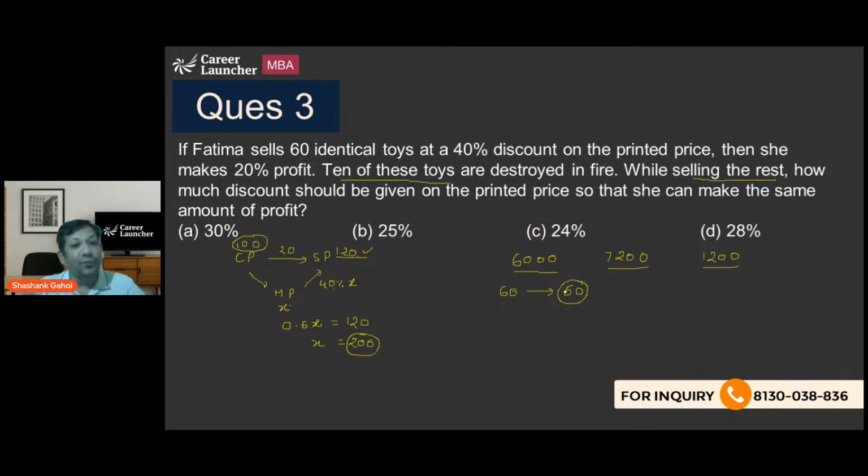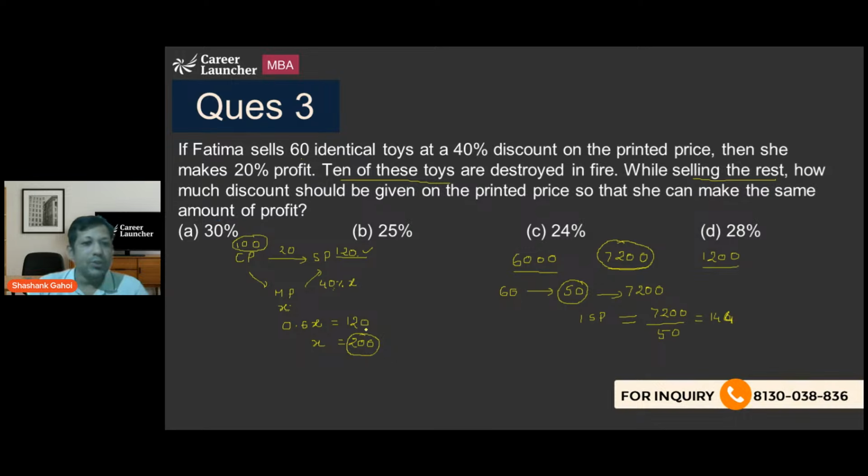And if she wants to have the same amount of profit, the question is not talking about same percentage of profit, but same amount of profit, it means she still needs to sell these 50 toys at 7200. So 7200 should be the selling price of 50 toys. So what is the selling price of one toy? That is going to be 7200 divided by 50. So that comes out to be 144.